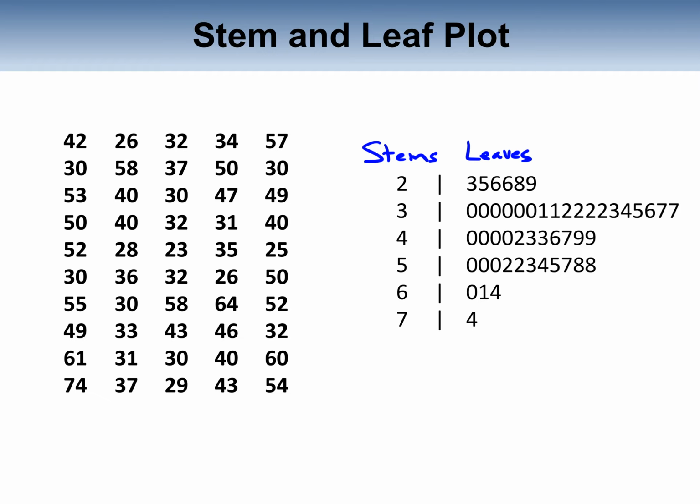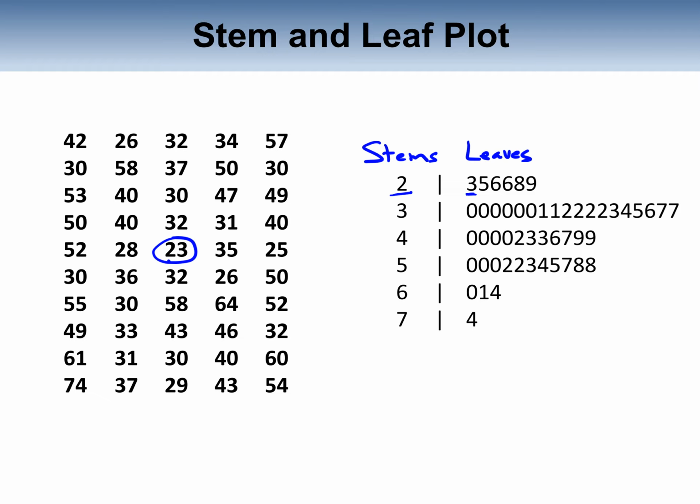but these show the data and you can see the shape. So how we do this, remember the minimum value was 23. That first number there is the stem, and the 3 goes with the leaf. So the last number always goes with the leaves. And so you have 23, then we have 25, then we have 26, 26, 28, and 29.